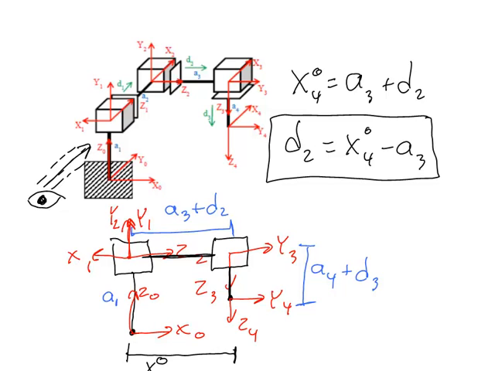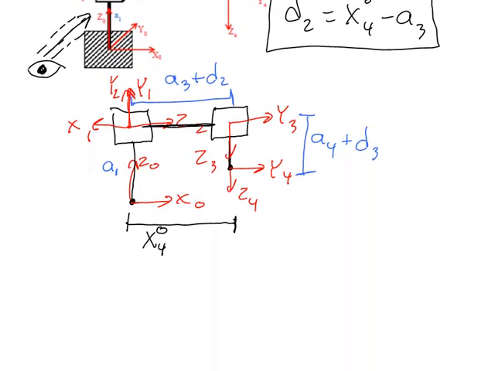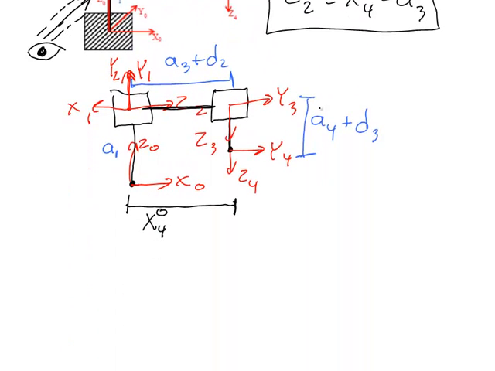There's one other equation that I can write from this diagram of the side view. Let's write this other equation. We can also write an equation for the y position of the end effector. The y position of the end effector is right here. This is the y position of frame 4 relative to frame 0. Can we write this distance in terms of my joint variables?